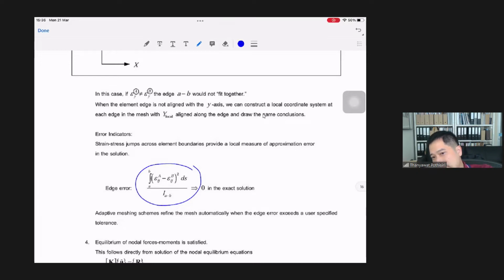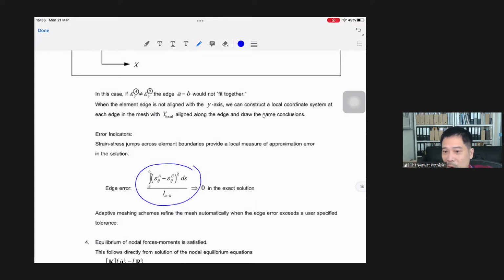For example, where the error is high, what you can do is use smaller elements in specific places where they compute this error indicator to be high. Okay, so if there's a certain place where there exist stress and strain jumps, the size of the elements there would be reduced.